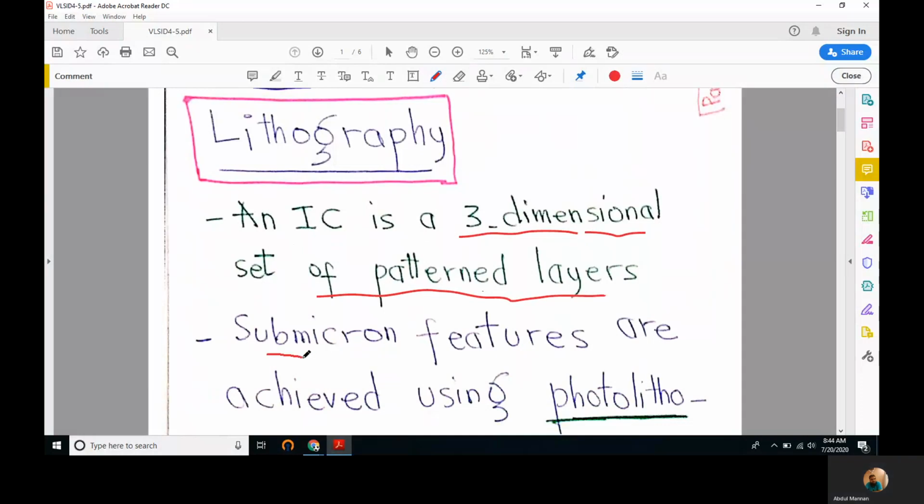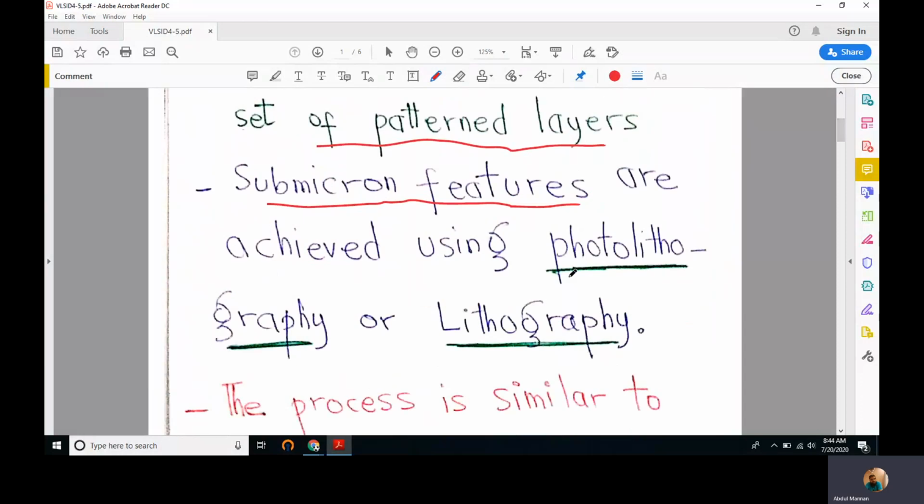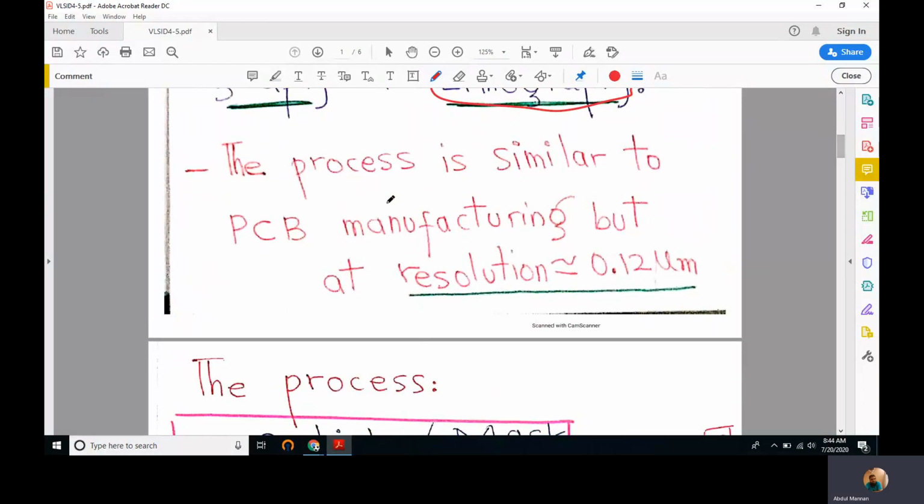Features at the level of micrometers are obtained using a process we call photolithography, or just lithography. The process is similar to fabrication of a PCB, printed circuit boards, which electrical engineers usually start learning at the start of their BSc engineering.